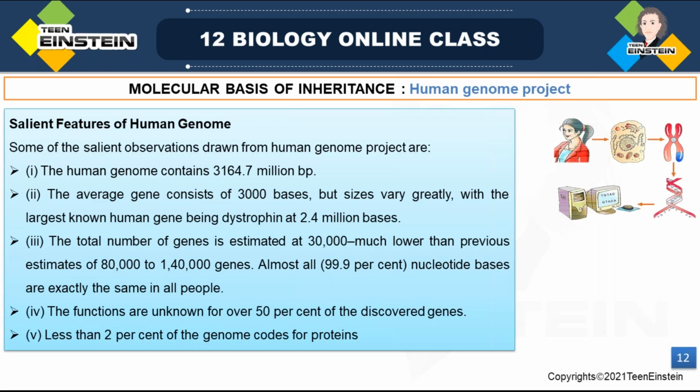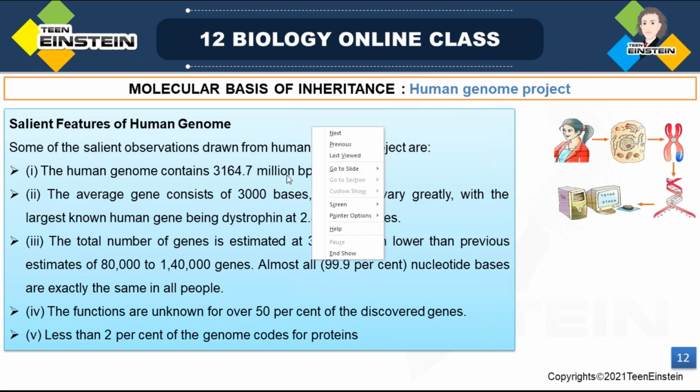It's not yet proved. Among around 30,000 genes, 50% have unknown function. And among the known ones, only 2% of genes are coding for protein. Got it? Only 2% is coding for protein.